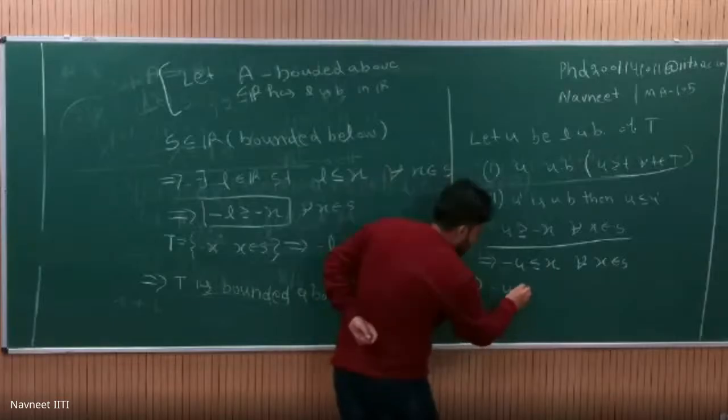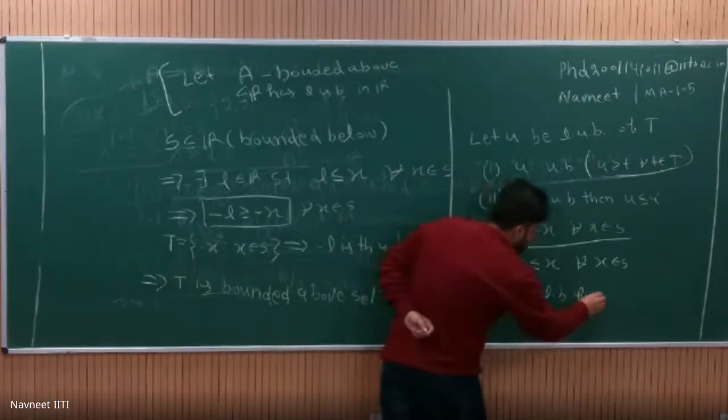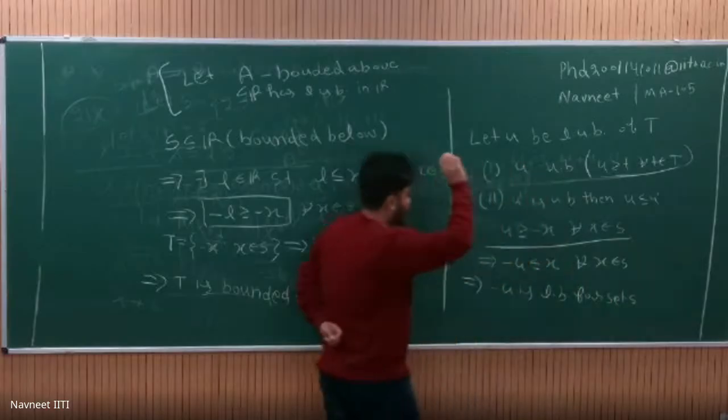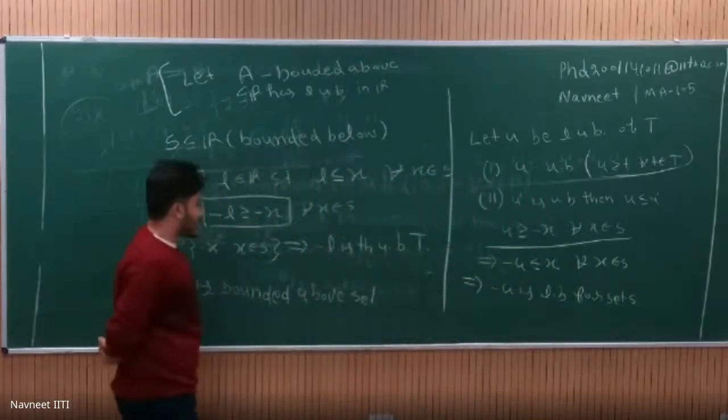Minus u is the lower bound. For what set? S. This will imply minus u is a lower bound for set S.